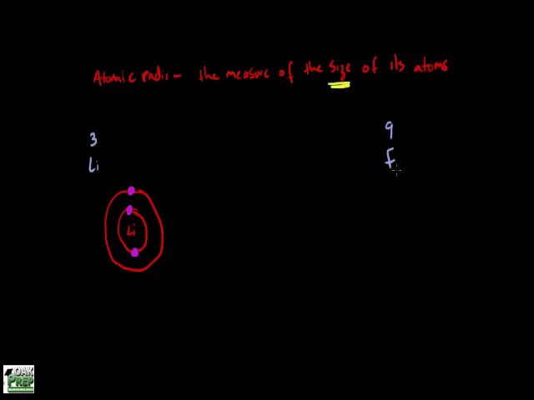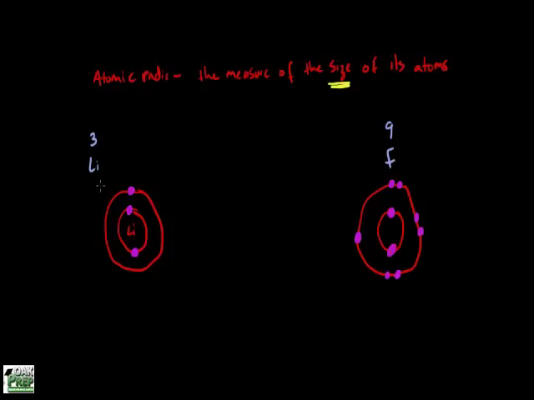And let's draw another atom over here for the fluorine. So here's the red color, and first one holds up to 2, second one is going to be 7, right? So let me change the colors again. So 2 here, 3, 4, 5, 6, 7, 8, and 9.